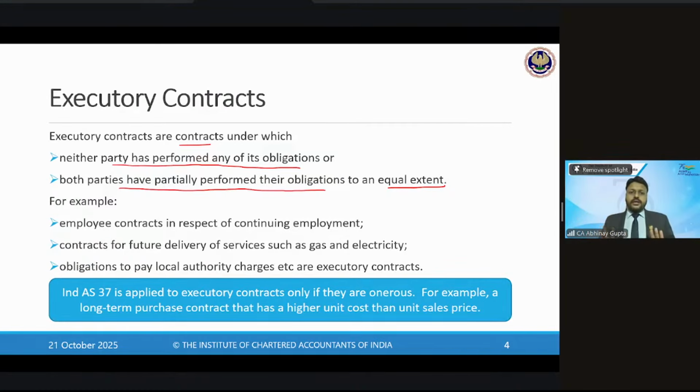But as of today, there are no signs of these contracts becoming onerous. Company A is also in the process of completing it, and company B is also ready to perform its obligations. There are no signs of these contracts getting cancelled or becoming onerous at this point in time.